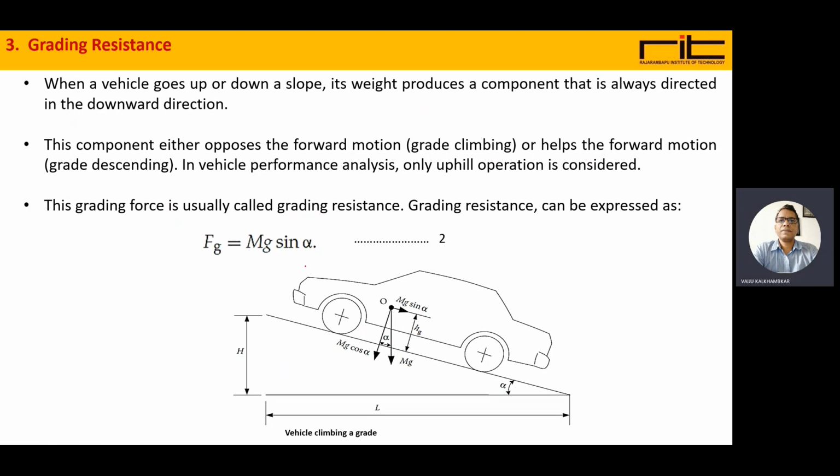If the vehicle is moving in this direction, then the mg sin alpha component will have a force which is opposite to this direction. Thus, grading force is usually called grading resistance, and it is given as Fg, the grading force, equal to mg sin alpha, that is mass times gravitational constant times the sine of this grade or slope.